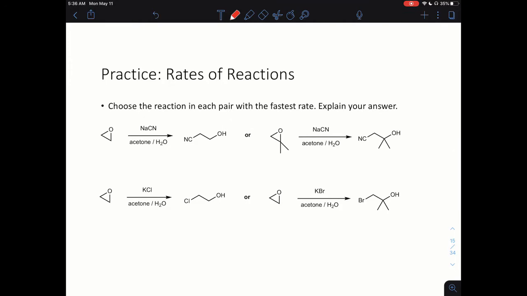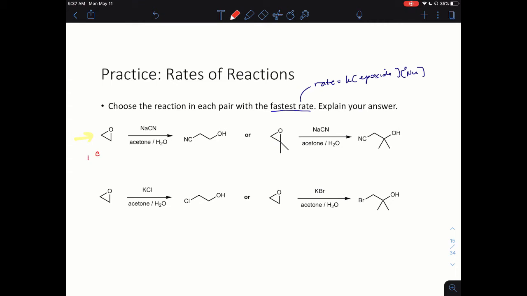Now let's consider the rates of these reactions. So pause for a moment and choose the reaction in each pair with the fastest rate, and be sure to explain your answer. These reactions go by SN2 mechanisms, so we do observe both the epoxide and the nucleophile in the rate law. The difference between the first set of reactions would be the beta branching for that epoxide.